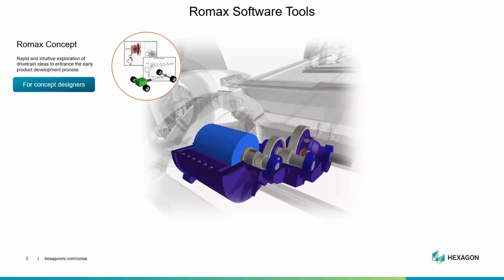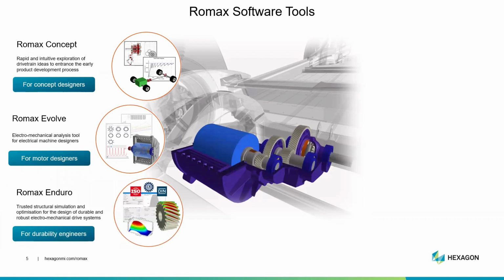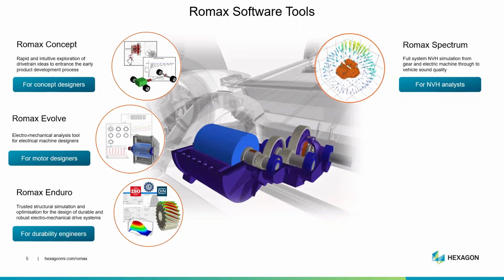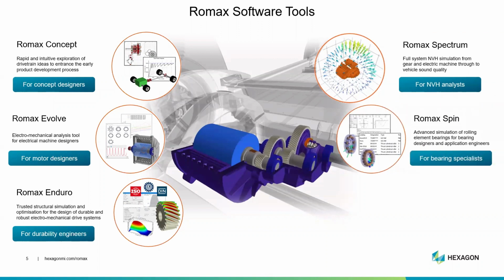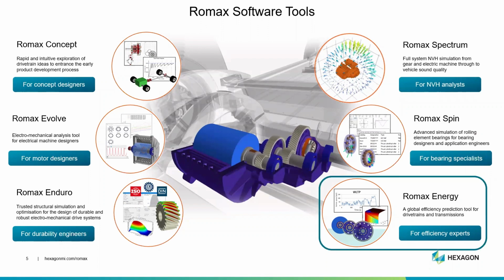We have Romax Concept for early evaluation of drivetrain concepts, Romax Evolve, a tool specifically for analysis of electrical machines, Romax Enduro for durability analysis, Romax Spectrum for system level NVH analysis, Romax Spin for world's leading capabilities for bearing simulation, and Romax Energy, our tool for efficiency calculation of drivetrains and transmissions. And it's this last product that we're going to be talking about today.